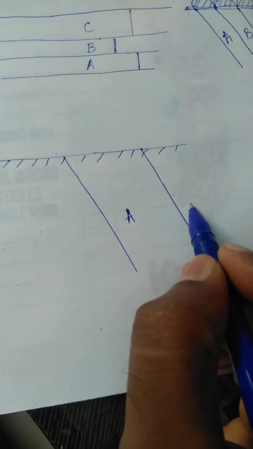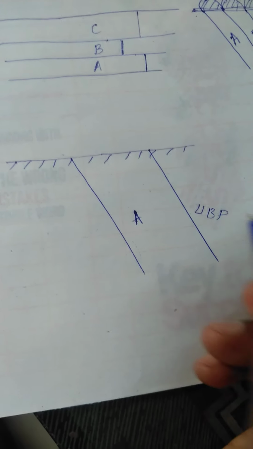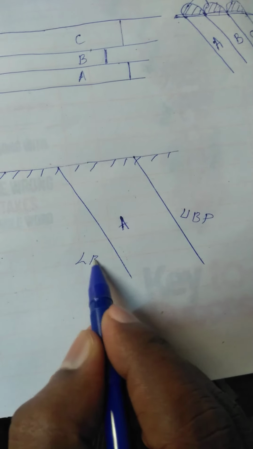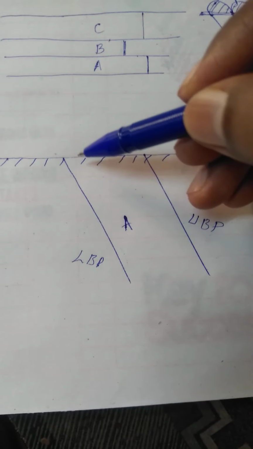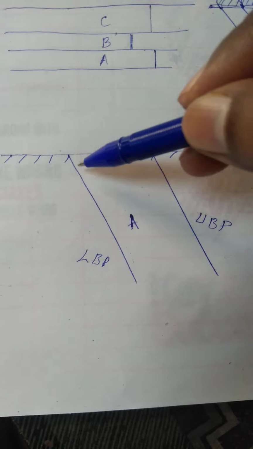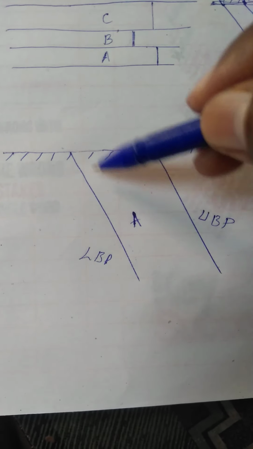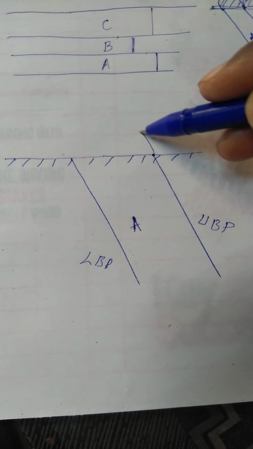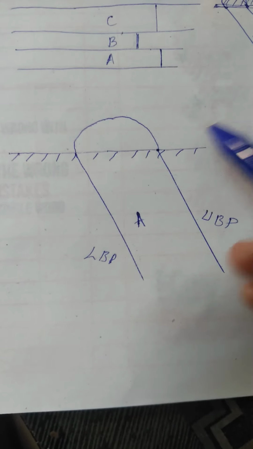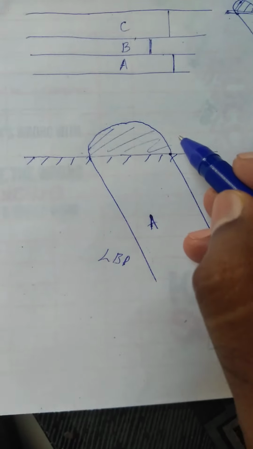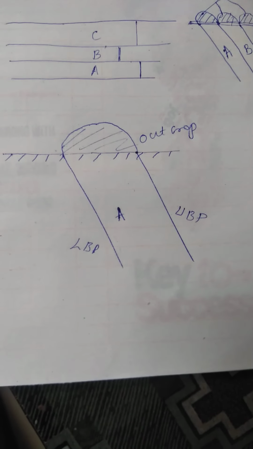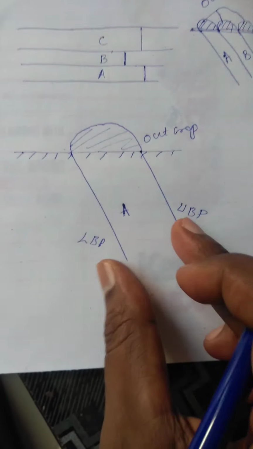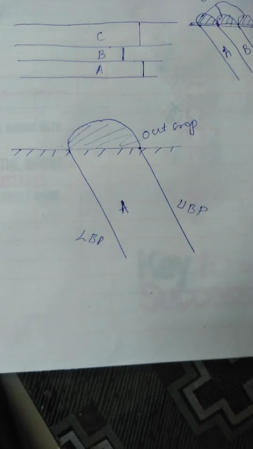This is the upper bedding plane and this is the lower bedding plane. This is a strata, and the portion of this strata or rock exposed on the surface is called an outcrop. Clear? The portion of the rock exposed above the surface is called an outcrop.